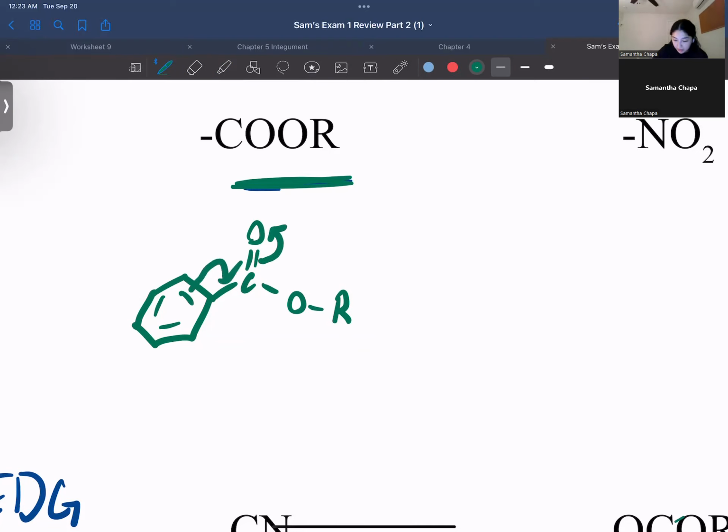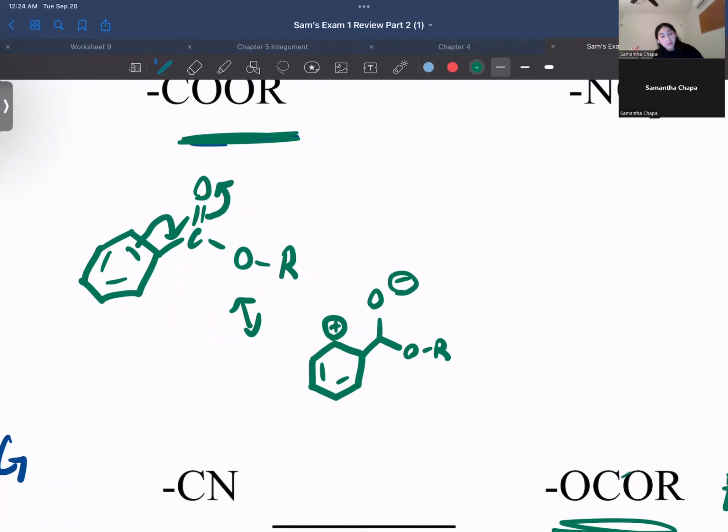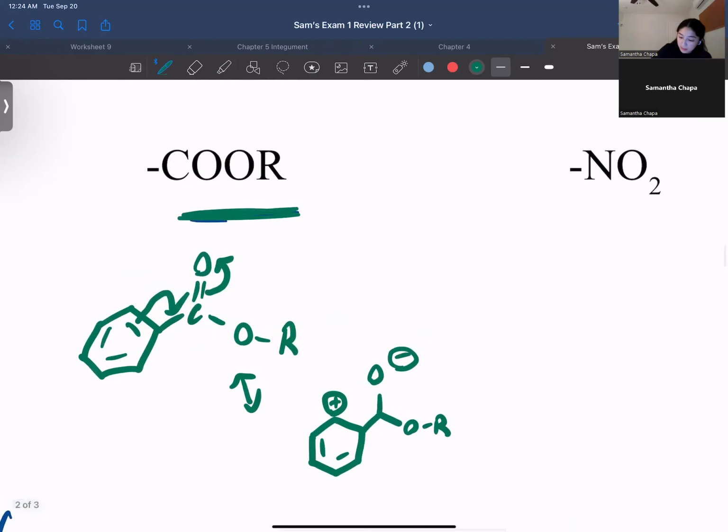Breaking this double bond and forming it on this side. My resonance structure now looks like this. We formed a carbanion. So since we formed a carbanion, we know that we're withdrawing electron density away from the benzene ring. It shows us that it's withdrawing. So then I'm going to put electron withdrawing group.